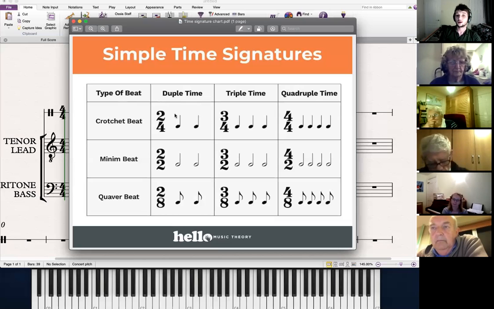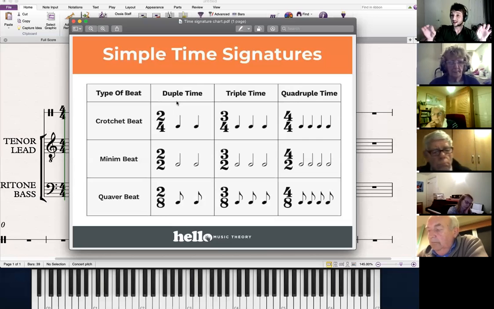A 2 on the top means you would count 2 beats, 1, 2, 1, 2, like a director would beat. Anything with 2 on the top we would call duple time.